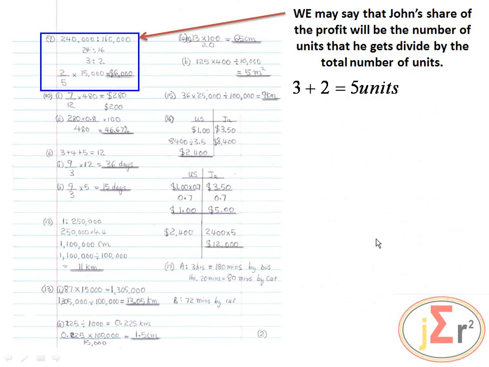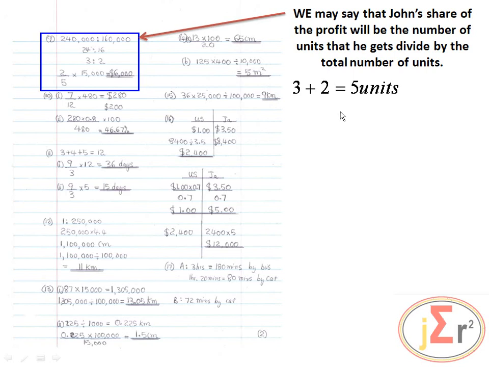We may say that John's share of the profit will be the number of units that he gets divided by the total number of units. So we are saying that John gets a fraction of the total profit. And how do we determine that fraction? That fraction will be the number of units that John gets over the total number of units.